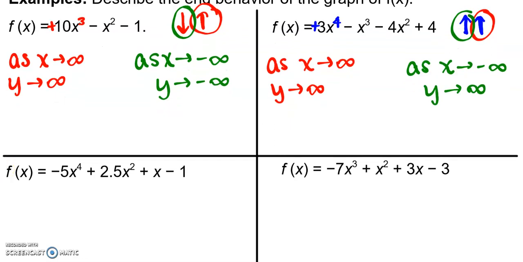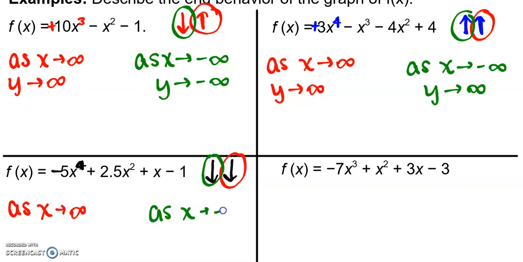The next two, I'm going to get you started on arrows just in general, and then you're going to do some work to write the x's and y's and see if you can do it. So I have a negative even, so down and down. As x goes to infinity should be that arrow.